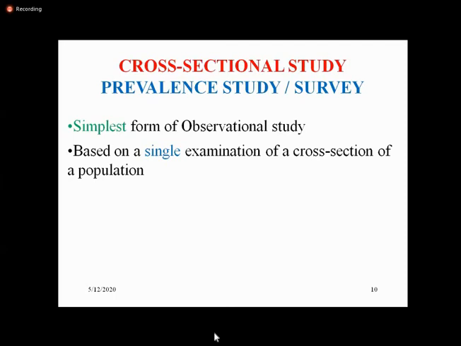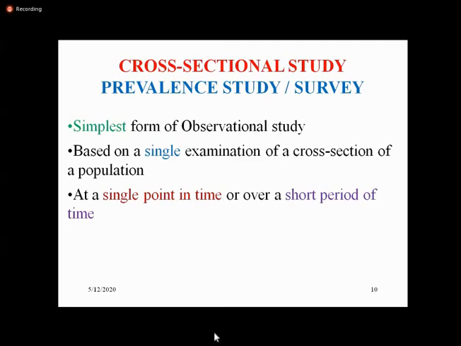It is based on a single examination of a cross section of a population at a single point in time, because mostly we do it in the current time. We do not collect information from the past or follow them in the future. We just do the study in the present time.